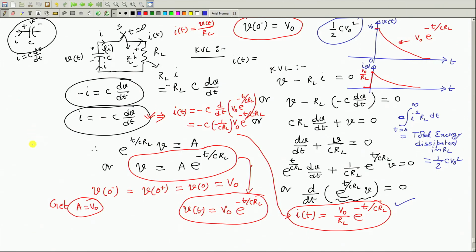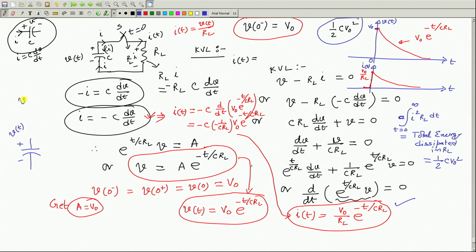Now, in this problem what I have done, I was served with this capacitor, I will show with a curved plate, so that at no point of time you confuse it with a battery. So, this is a capacitor and its initial charge and voltage across the plate of the capacitor I have decided to be like this, v(t).